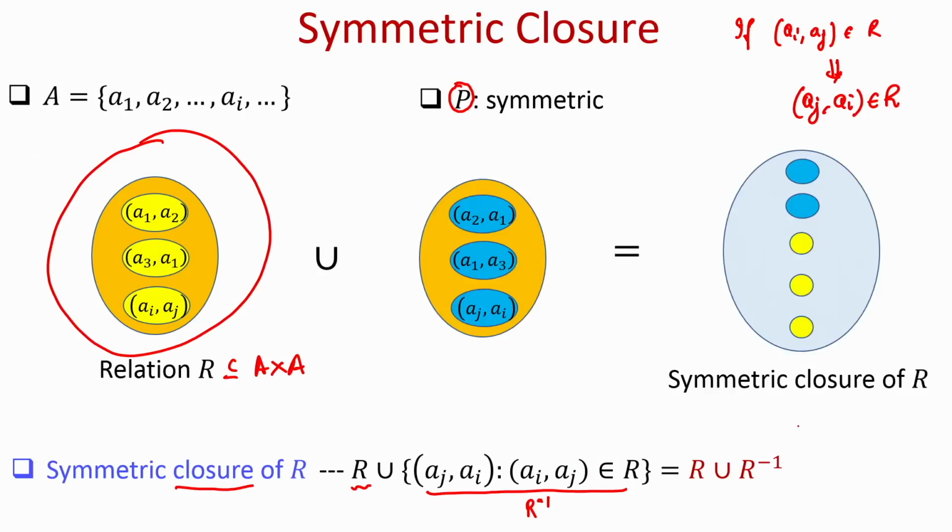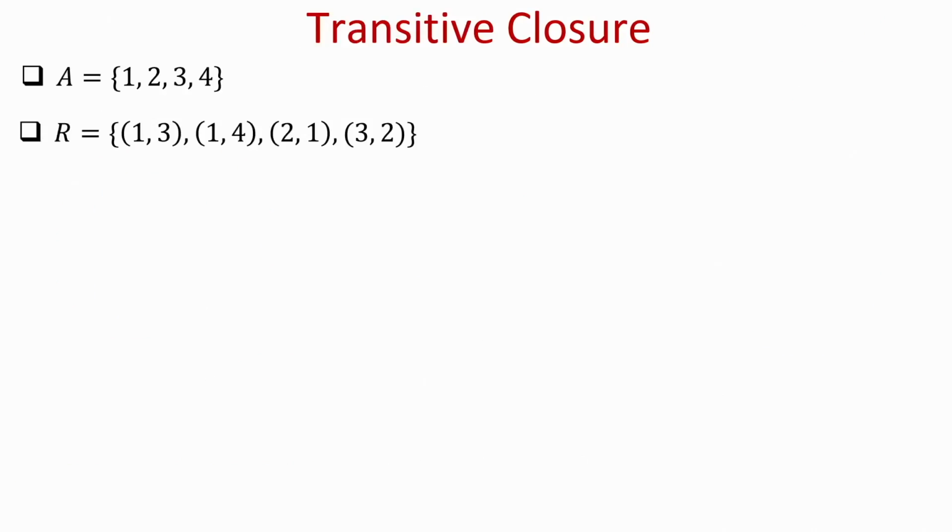It is easy to see that if you take the union of R with its inverse, then the resultant relation will be symmetric and it will have the original relation R, and this will be the smallest possible expansion of your relation R which satisfies the symmetric property. Now, what about the transitive closure?